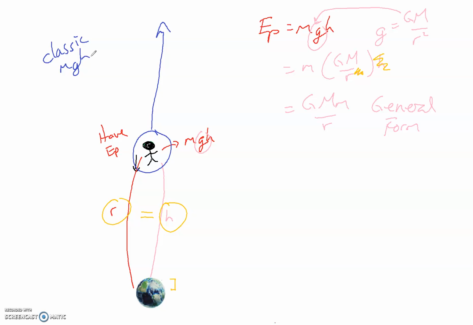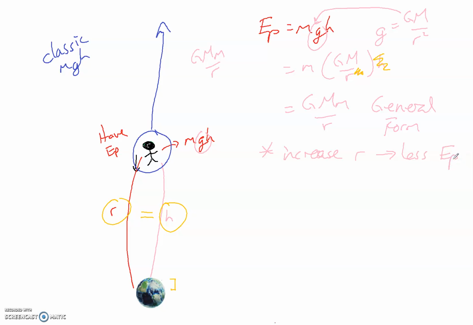If we use GMm over r, as the radius gets larger and larger, as this value down here becomes larger, the potential energy actually becomes smaller. So as you go farther away, your potential energy goes down. That's one of the differences. If you increase the radius, you have less potential energy.